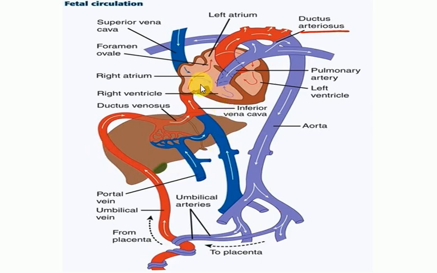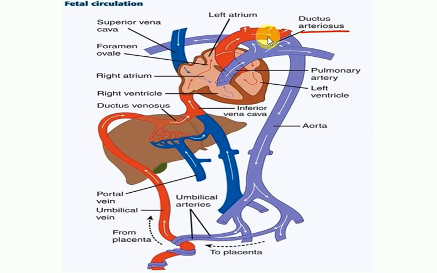But some of the blood may not enter through this right atrium to the left atrium, but instead it enters the pulmonary artery, and from the pulmonary artery to the aorta through this ductus arteriosus, which is a connection between the pulmonary artery and the aorta, shunting the blood away from the pulmonary circulation.